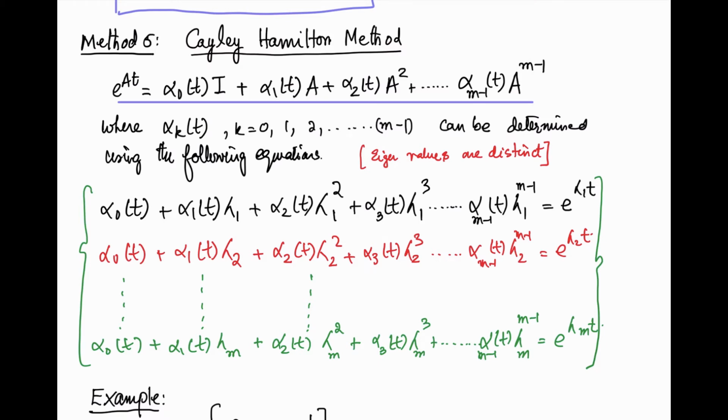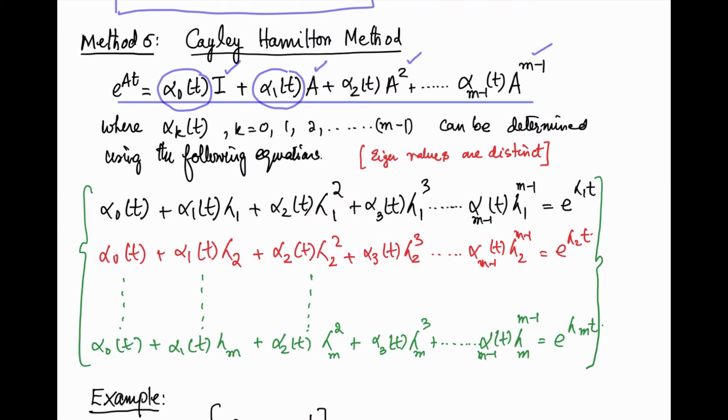So this is the identity matrix. This is your matrix A, the state matrix of your system, the square of that one, and so on. And these are the constants which are determined with the help of the eigenvalues.